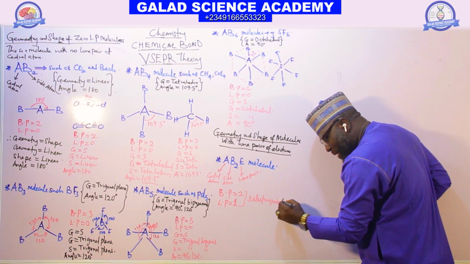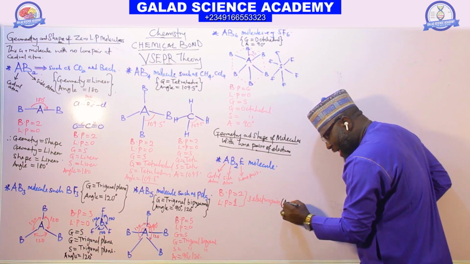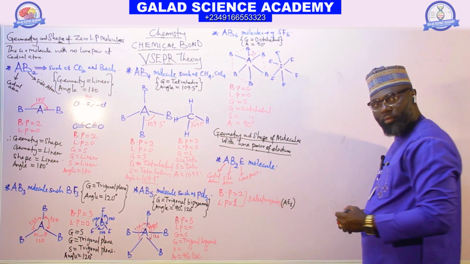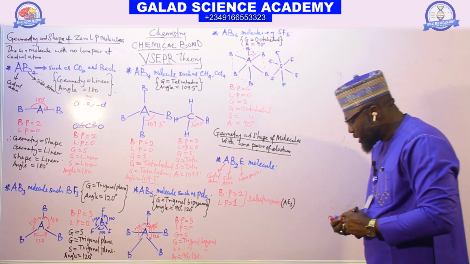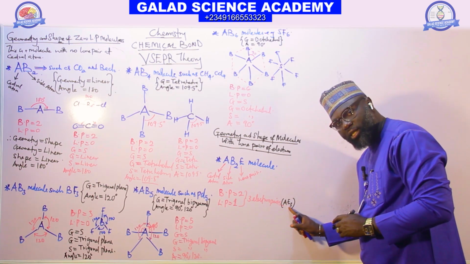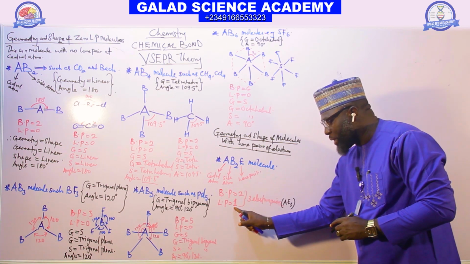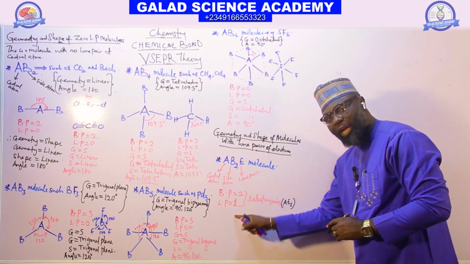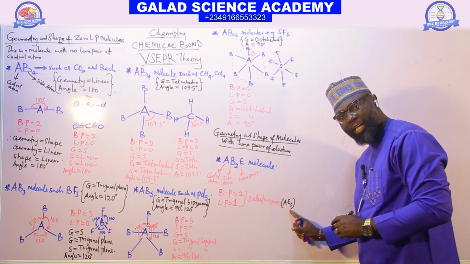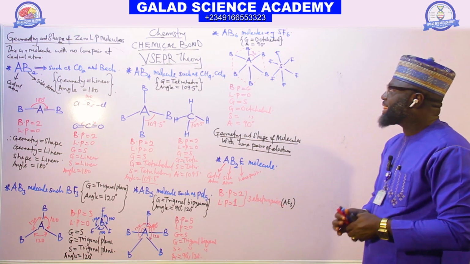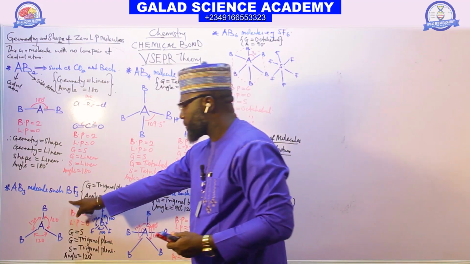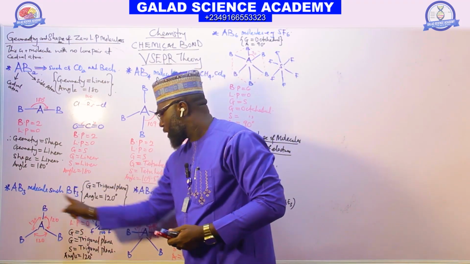So you can now imagine that you have an AB3. Because we have 2 bond pairs and 1 lone pair, added together, call it AB3. So for every AB3, what is the geometry?